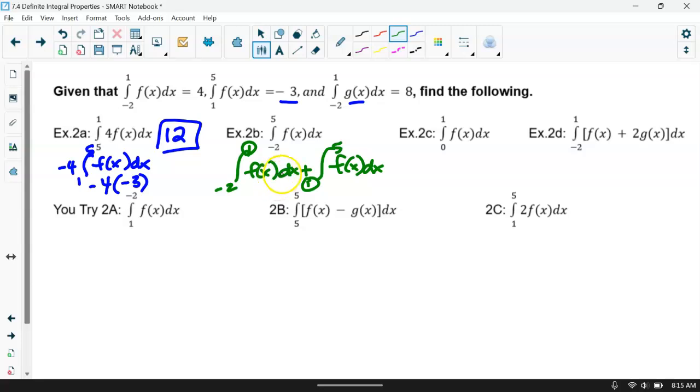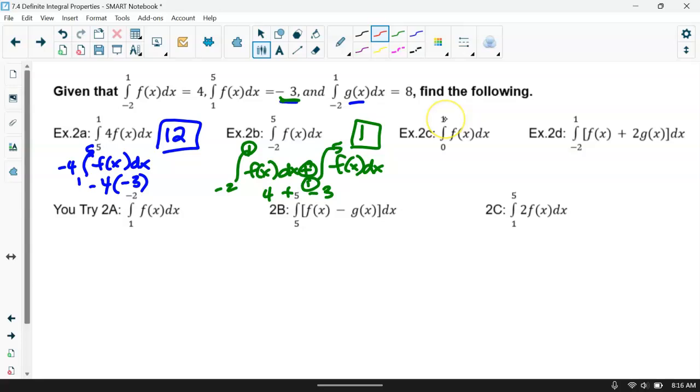So notice we're adding the two values together. Again, adding, not multiplying. So here, negative 2 to 1 is 4 plus 1 to 5, which is negative 3. So here we end up with a value of 1, an area of 1 under the curve.